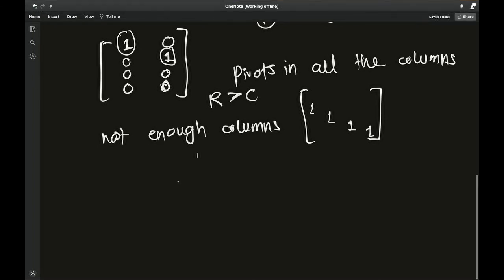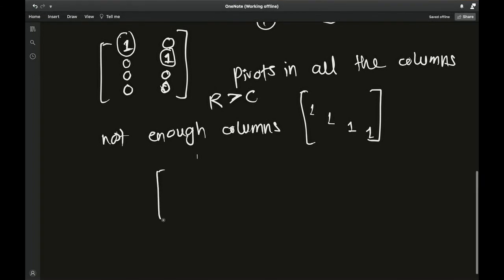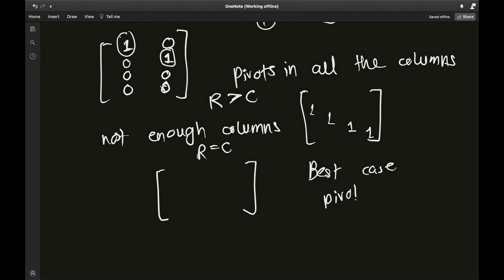And very briefly, I would like to tell you that if we have a square matrix where the rows are equal to columns, the best case you can have is pivots in all columns, and the final matrix is exactly the identity. It perfectly resembles the identity.